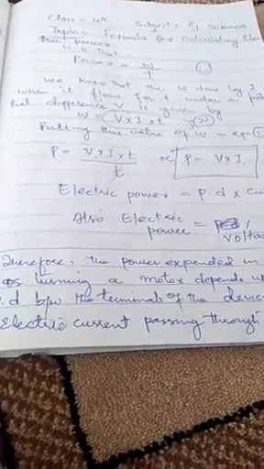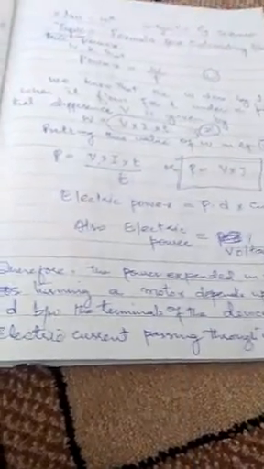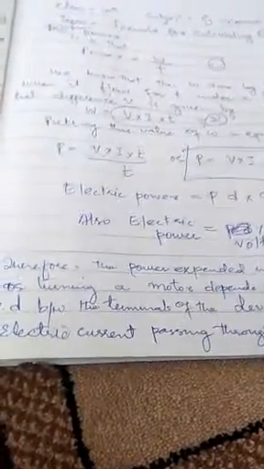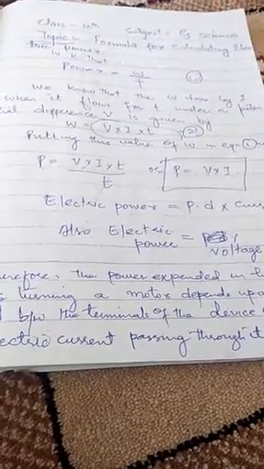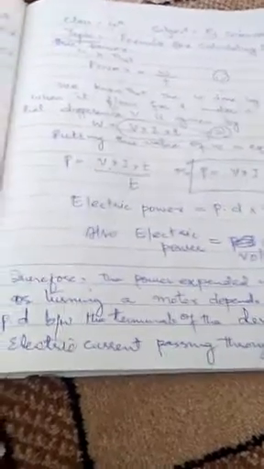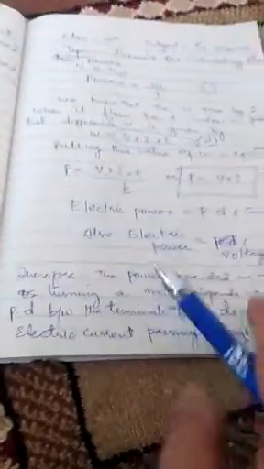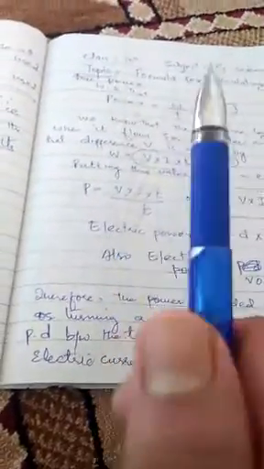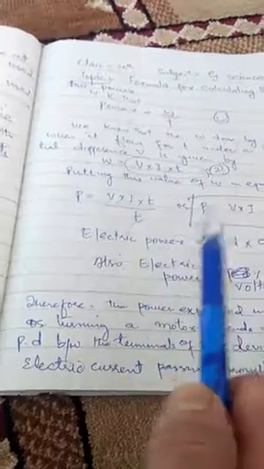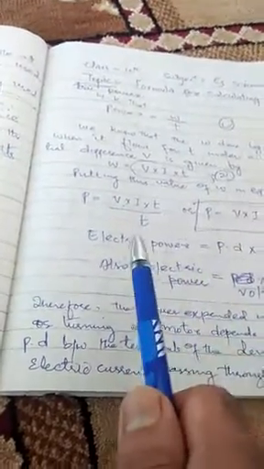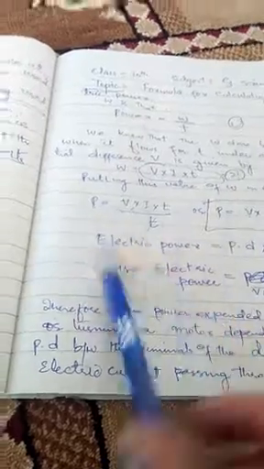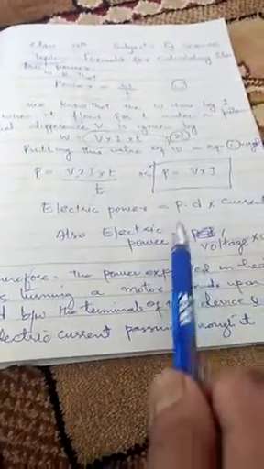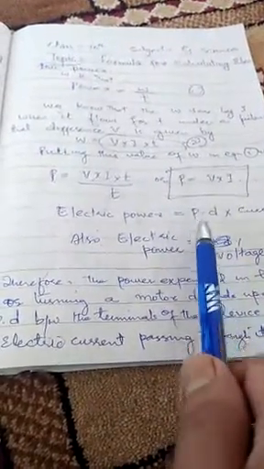Then the formula for calculating the electric power is: electric power is equal to the product of potential difference and electric current. Electric power is equal to V into I.